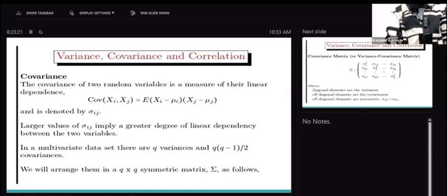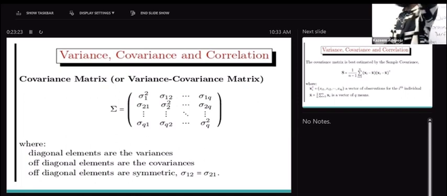This is a population variance-covariance, but in statistical analysis, we don't work with the population. We take a sample. Therefore, what we end up getting is the sample variance-covariance instead of the population variance-covariance.